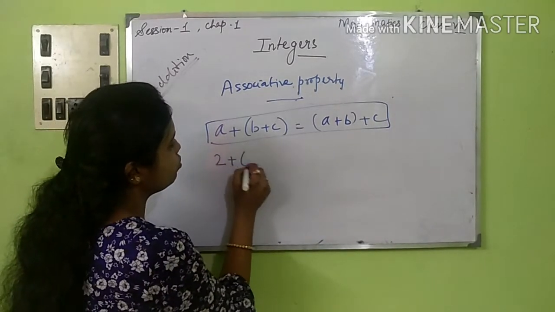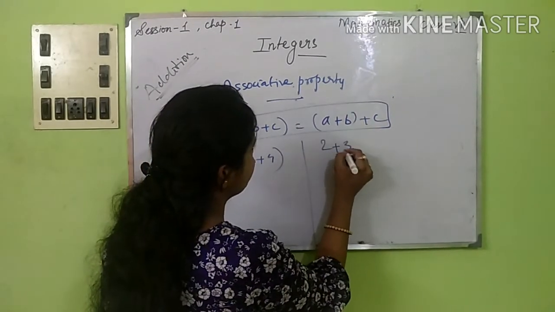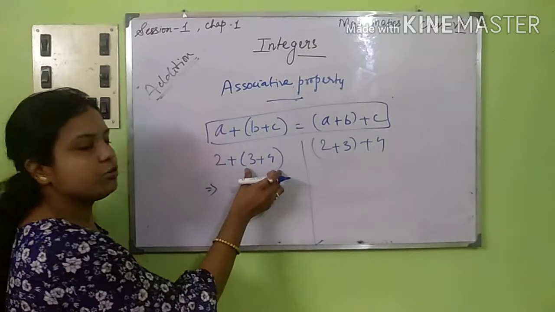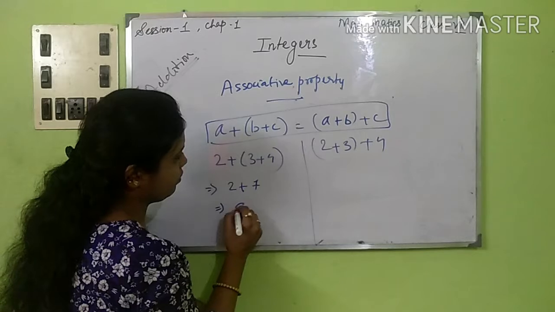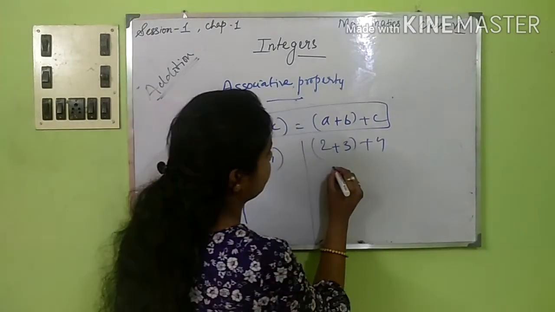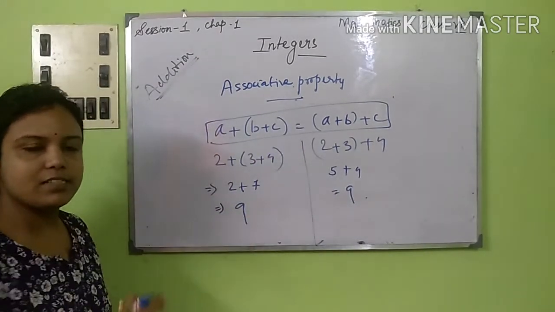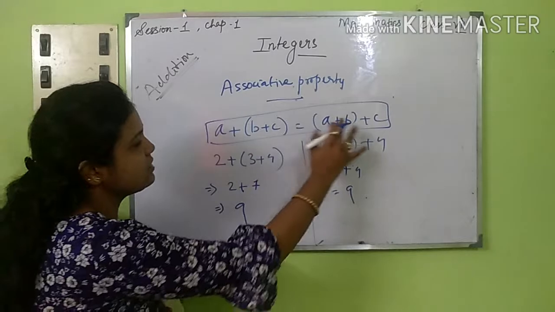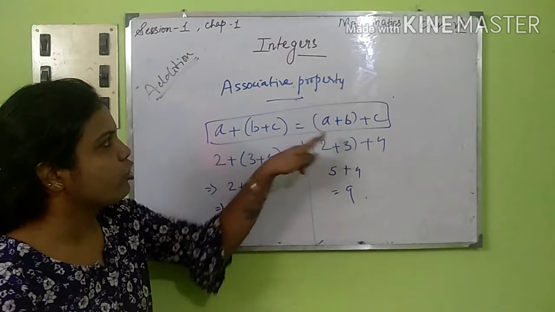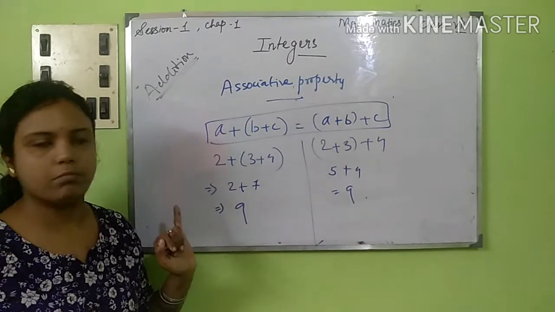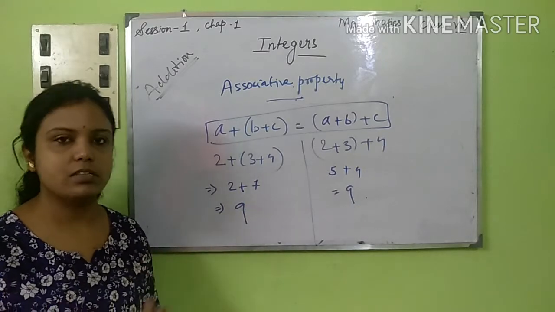Suppose 2 plus (3 plus 4). Here it is 2 plus 7, which gives you 9. Again, (2 plus 3) is 5, plus 4 gives you 9. So both results are the same. That means the associative property holds for addition. This was the formula for the associative property with three numbers. If you regroup, the answers come the same.